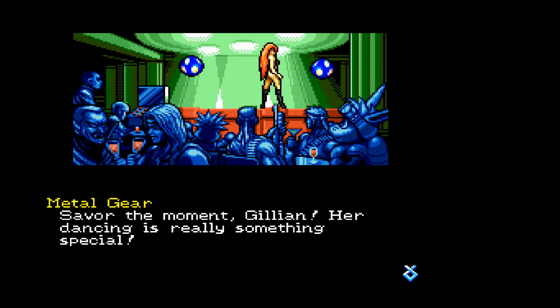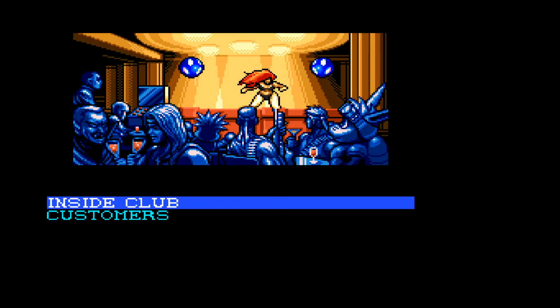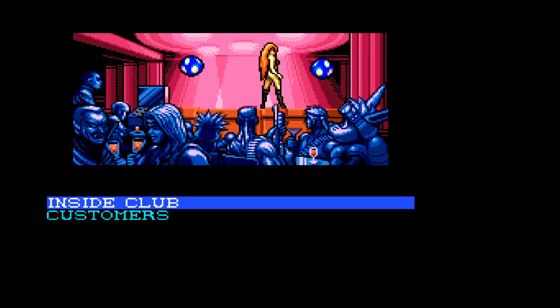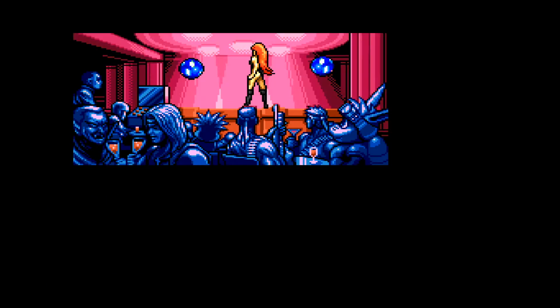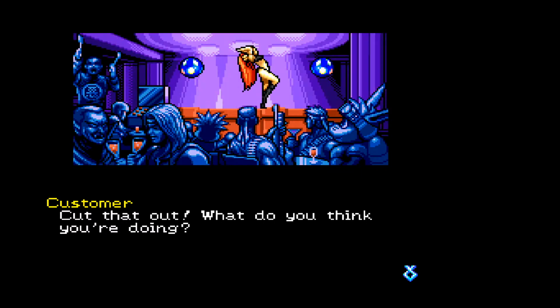Savor the moment, Gillian. Her dancing is really something special. During Masquerade Hour, everybody has a mask or makeup on. It's impossible to tell who is who. Oh, Sparkster. Mr. Ueda.